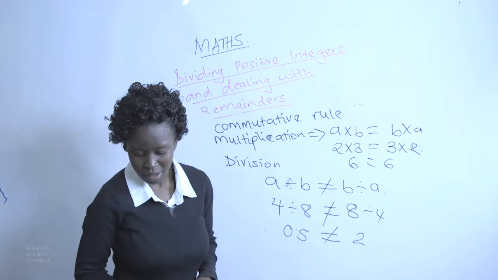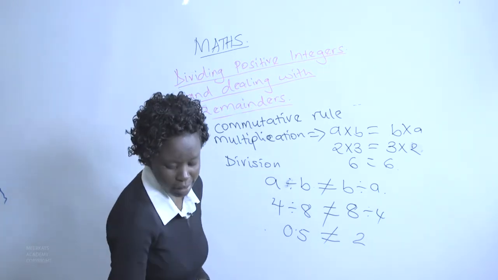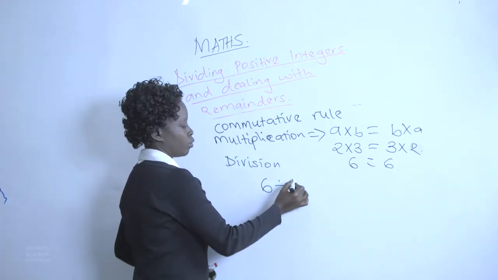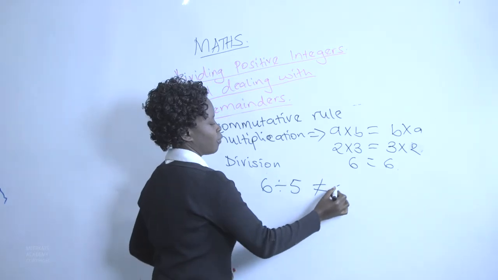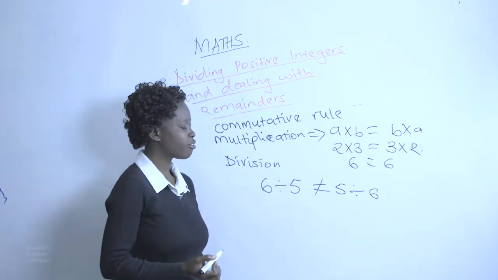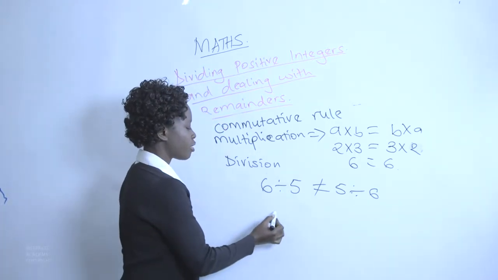We can look at another example, maybe. We are having an example like when we have 6 divided by 5.